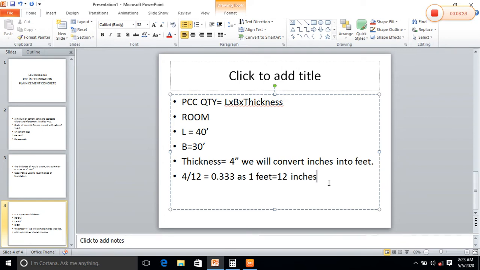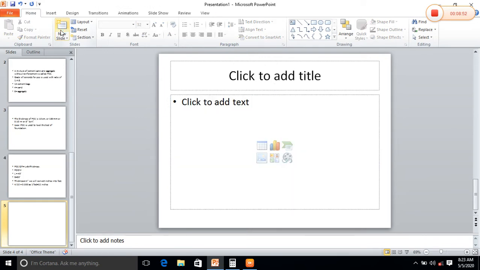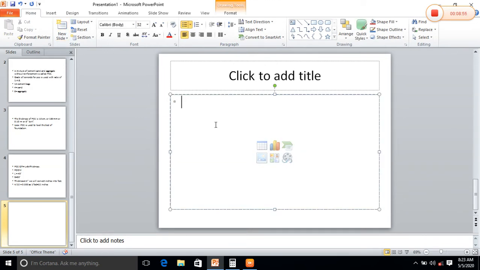Okay, and now we will find the quantity of cement, sand, and aggregate, etc. So we have formula, volume is equal to length into breadth into thickness.